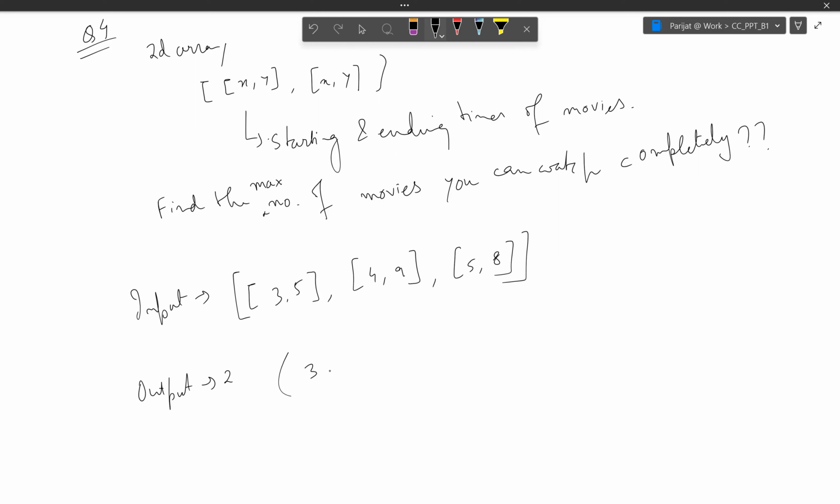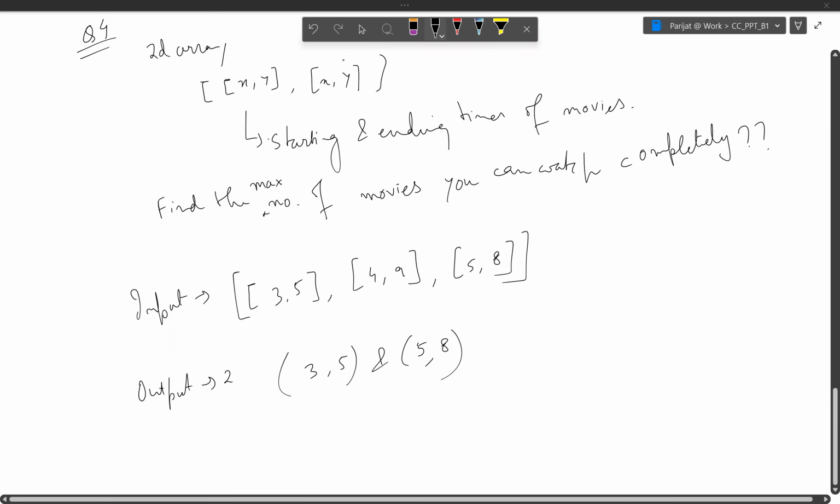Which means you can watch the 3-5 movie, and when it ends, you can immediately go to the next hall and you can watch the 5-8 movie. So note that you have to find the maximum number of movies.